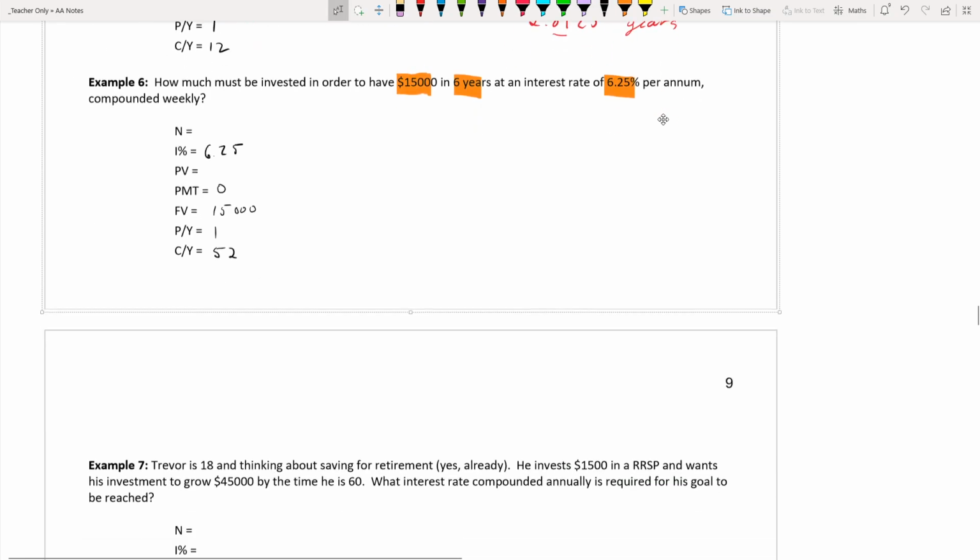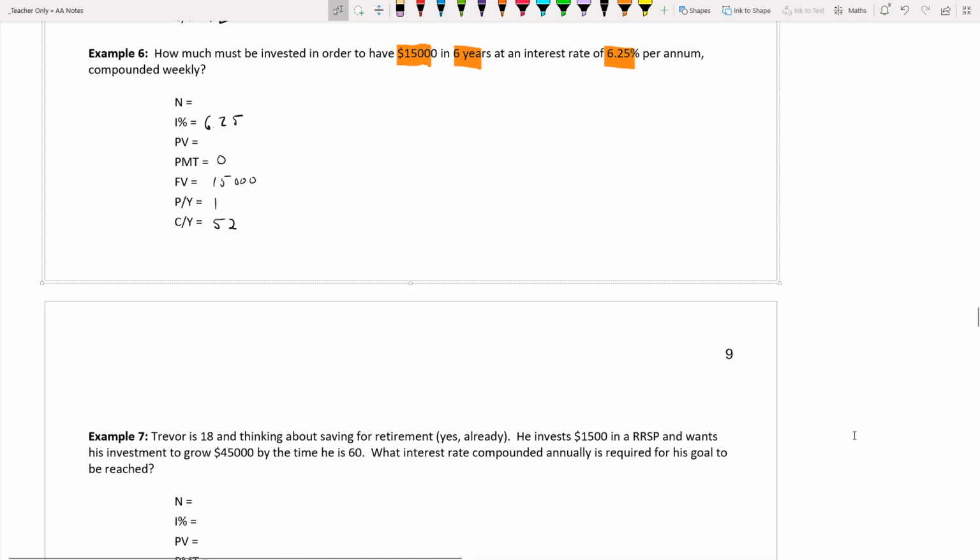Okay. So how much must be invested in order to have? So in the future, we need to have $15,000, so that'll be my future value. So how much must we have invested? That speaks to what is my present value. So my present value, this is what I'm being asked to calculate.